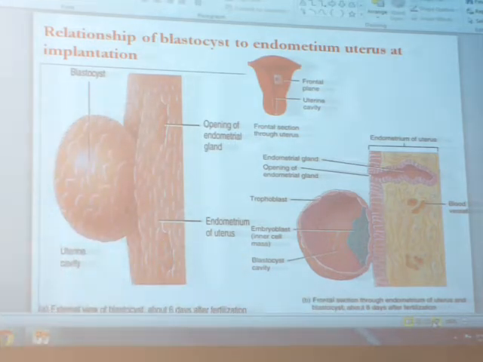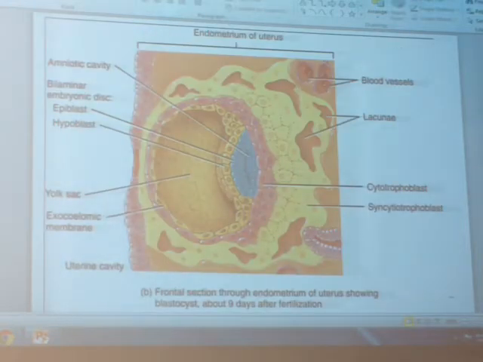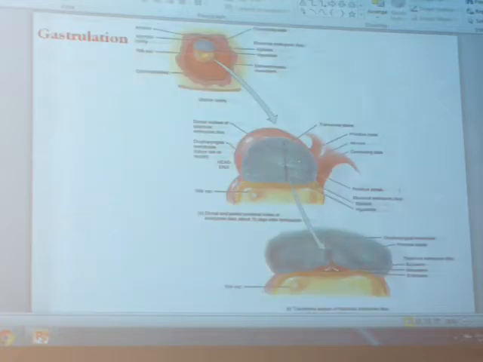It's alive, okay? And what's going on? After that one, it will just start differentiating. So these are all stem cells. They have the capacity to become whatever we need them, right? Then they start differentiating into your endoderm, ectoderm, mesoderm.